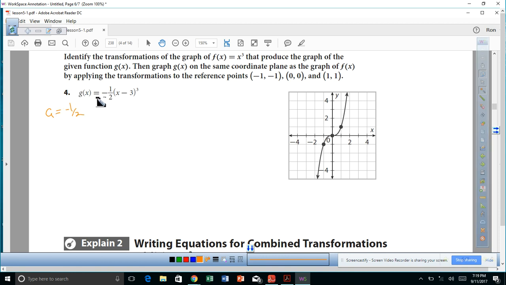So that's going to be a vertical compression by a factor of 1/2, and a reflection across the x-axis.